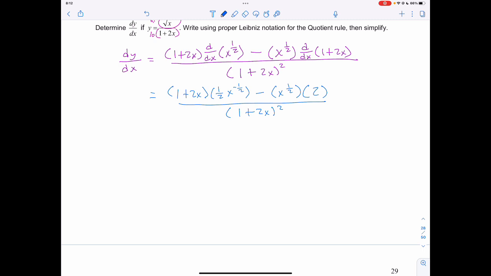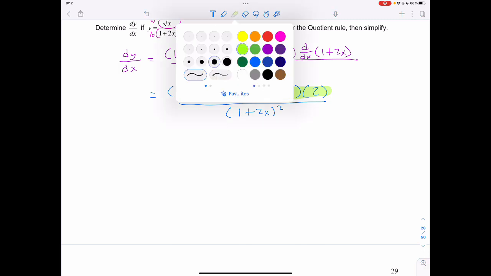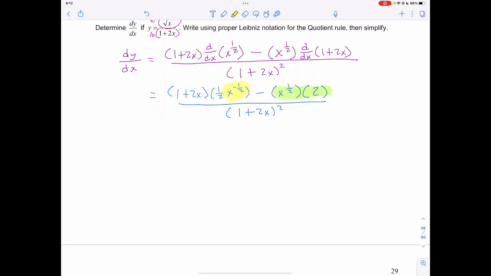At this point, I am going to expand out this part. And because I have this negative exponent here and the fraction, I'm going to wind up factoring that out of my numerator.